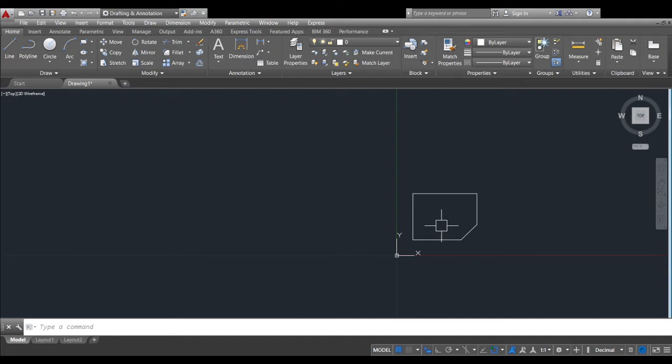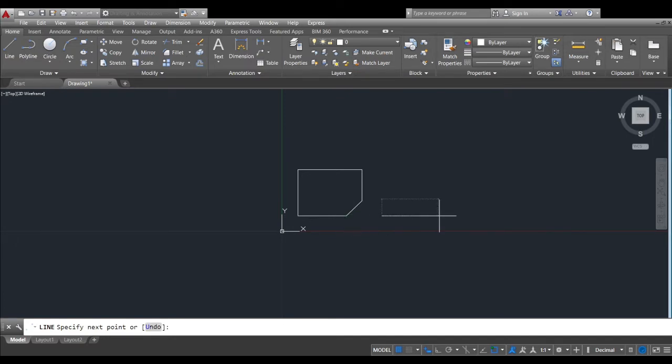Okay. So we can also draw the same figure using picking. By picking, we are just estimating the location of the points. So let's try it using picking. L, enter. By using picking, it is just estimation.